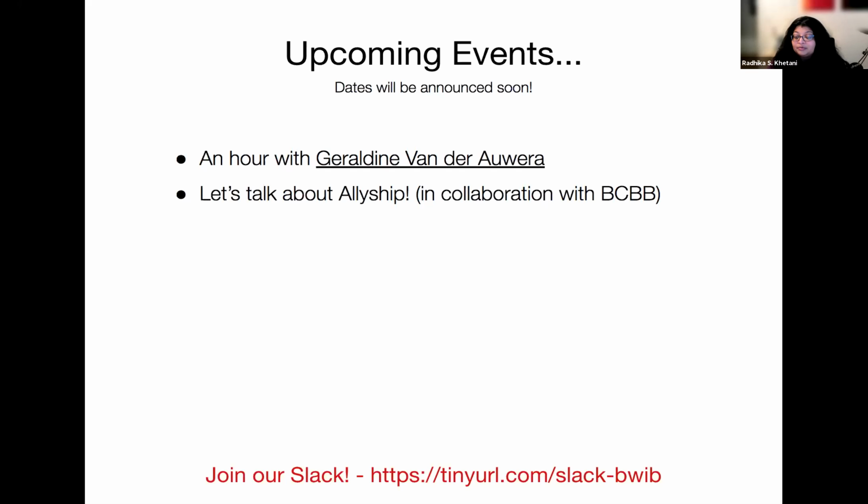I can't remember exactly what BCBB stands for, but we are going to do an event on allyship. Given that this group was so diverse and amazing, I'm sure all of you are interested in being good allies. So let us know if you have any ideas or suggestions. I'm not organizing that, another co-organizer is, but we have all of these coming up.